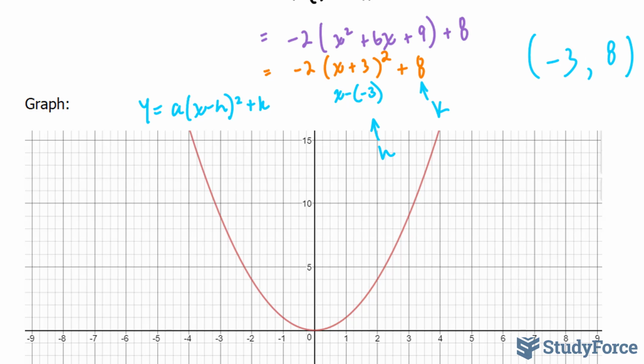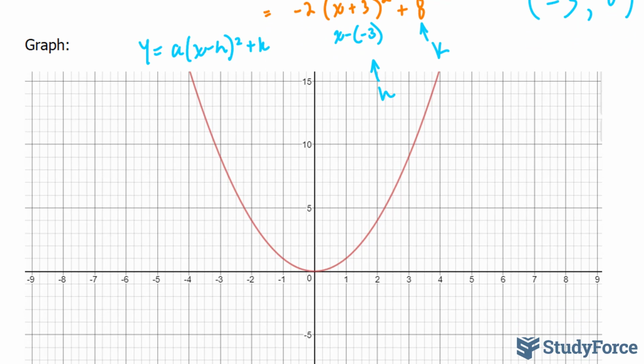I'm going to plot that. So I have negative 3 going to the left and up 8, which is right here. That's my new vertex, negative 3, 8. And the transformation there was that it horizontally shifted 3 units to the left and vertically shifted upwards, or translated upwards by 8 units.